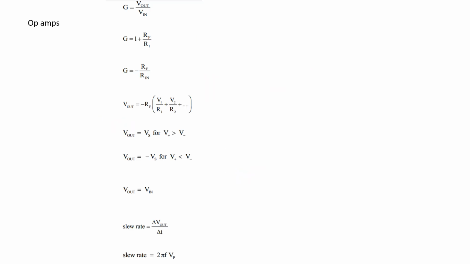Okay, so this is op amps. You can see there's a lot of equations. Gain is V out over V in. That's a bog standard straightforward one. So they might give you a graph and ask you to plot the output voltage if they've given you the input voltage, usually a sine wave. Be careful in case it clips, so look at the saturation voltage.